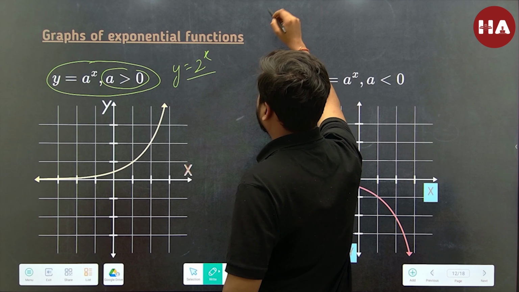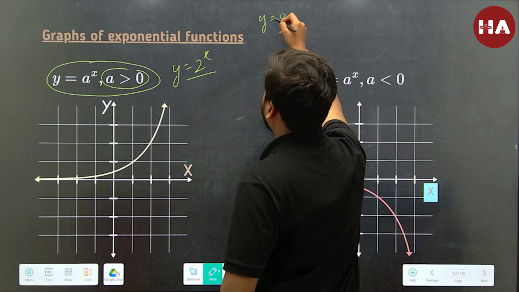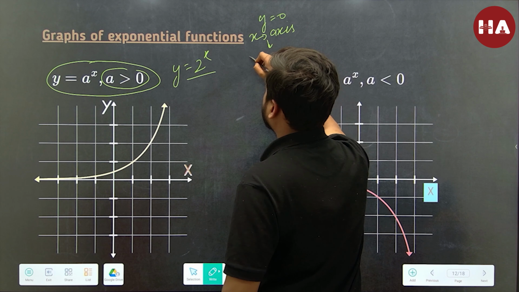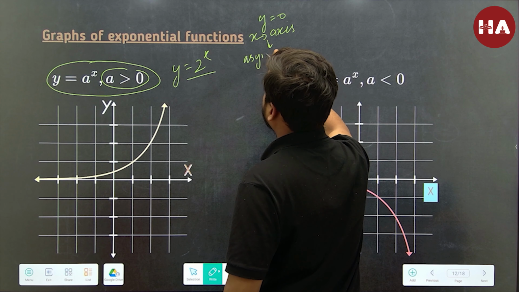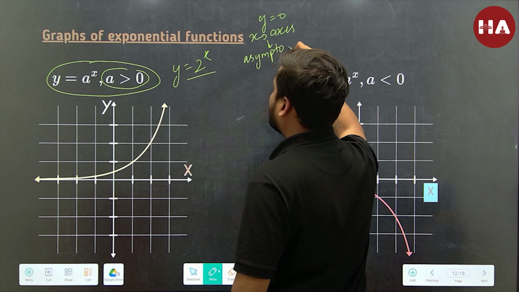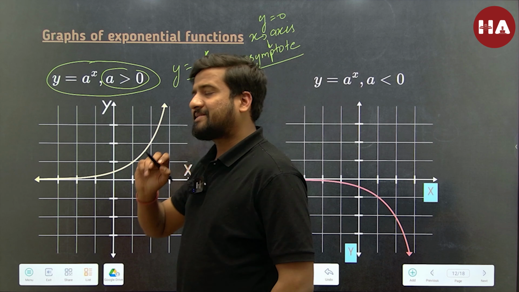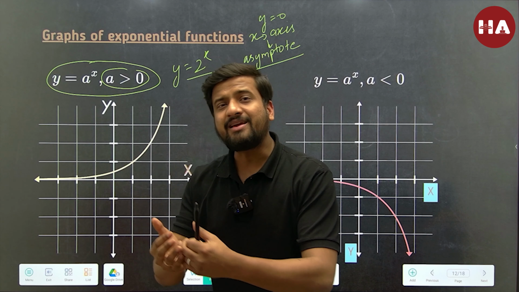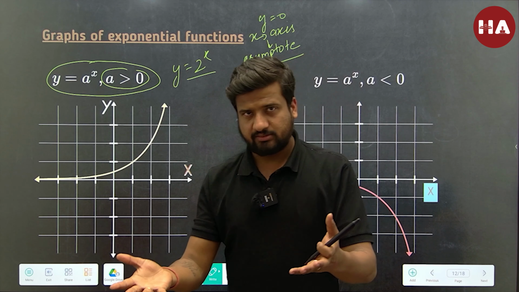The graph of y equals 2 to the power x would look something like this, where y equals 0, the x-axis, is your asymptote. Now what is an asymptote? An asymptote is a value which a line appears to touch but never does.